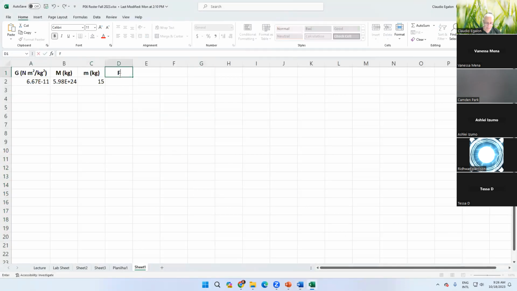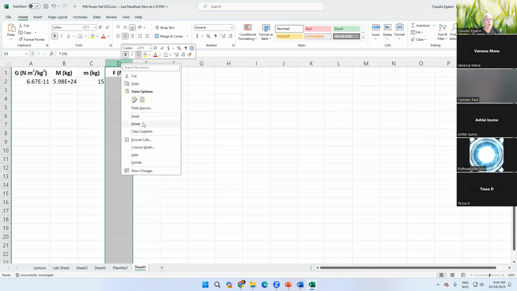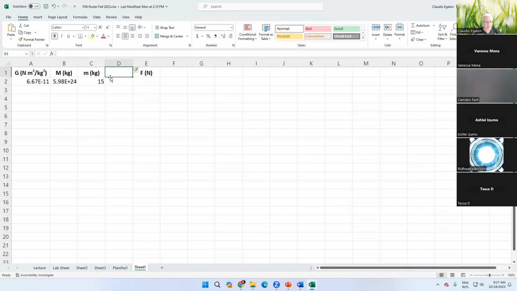Then we have to come up with an equation here. Don't forget one more piece of information: the distance to the center of the Earth, 6,700.